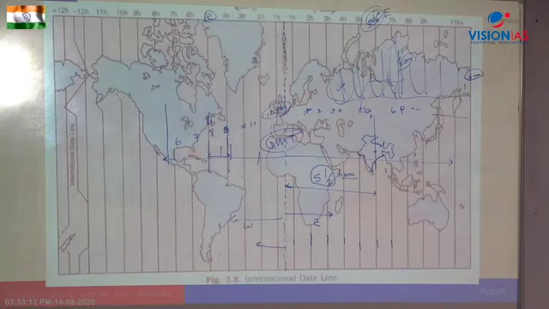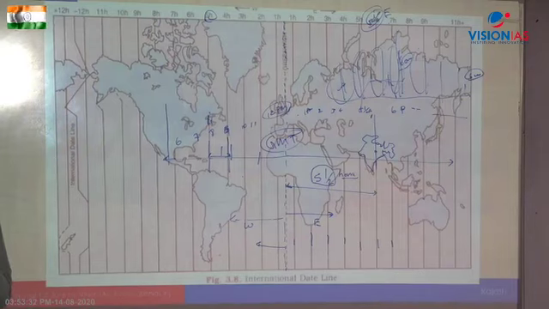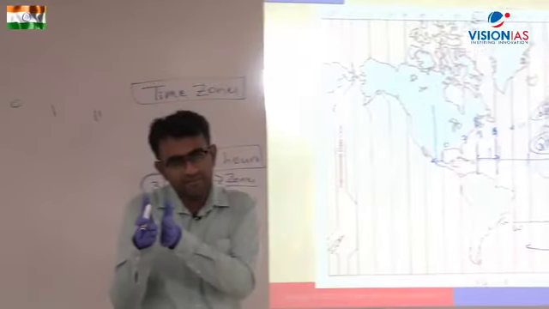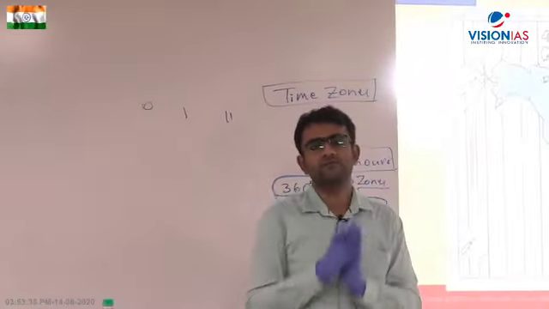If you move from the Greenwich meridian by 1 degree towards the west, the time will reduce by 4 minutes. If you move 1 degree towards the east, time will increase by 4 minutes. If it is exactly 12 o'clock, it is 11:56 am, or 12:04 pm.